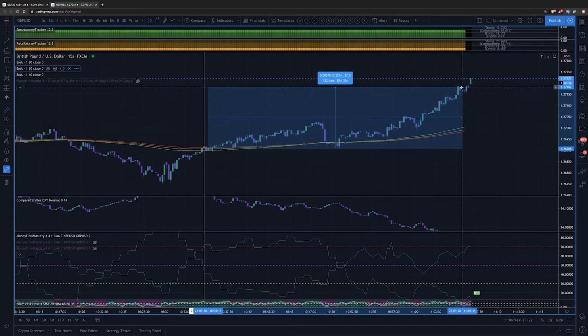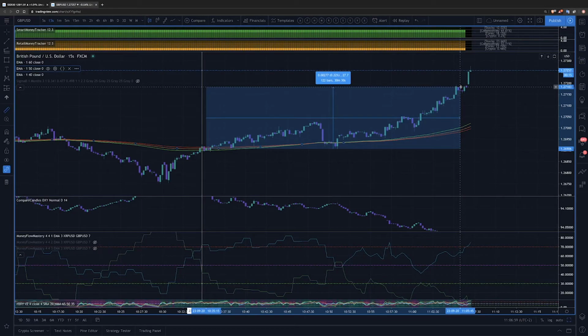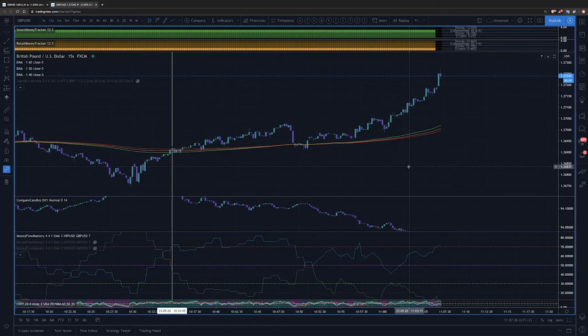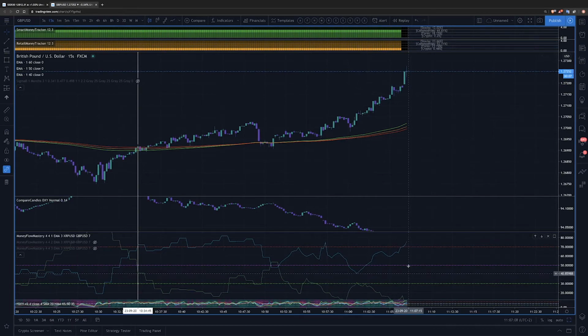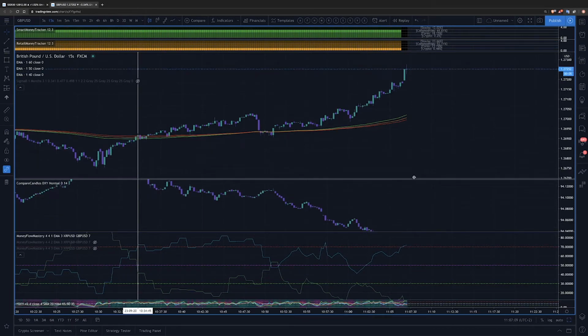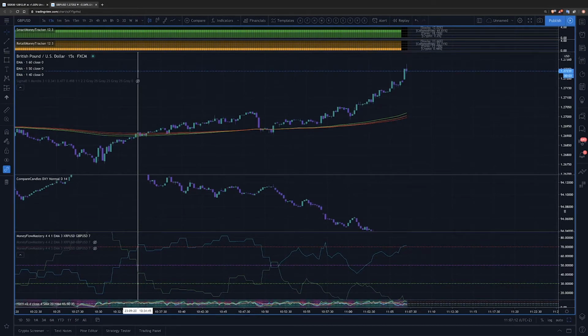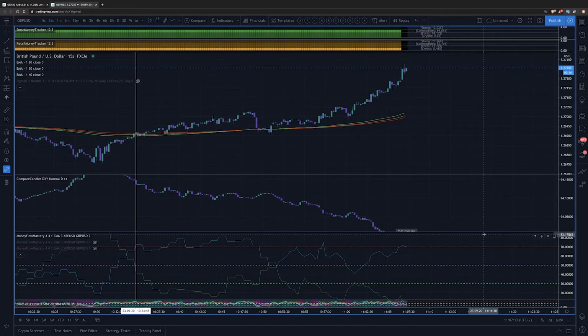Okay, so pound still going. Super Bull, Super Bear. 0.22, nice. So yes, money flow.